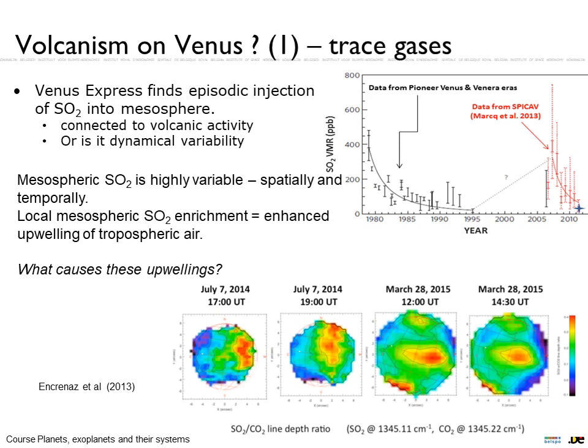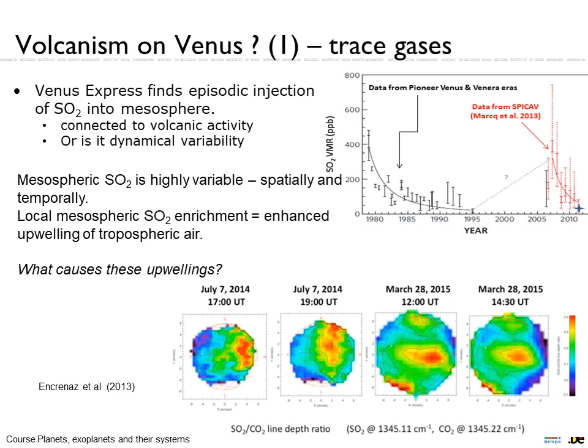The plot on the right shows you the long-term evolution of the SO2 above the clouds since the early days of Venus exploration. One can see that it decreased during the Pioneer and Venera era and was again high at the start of the Venus Express mission and then decreased again.